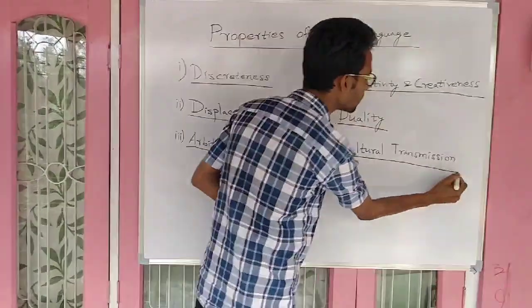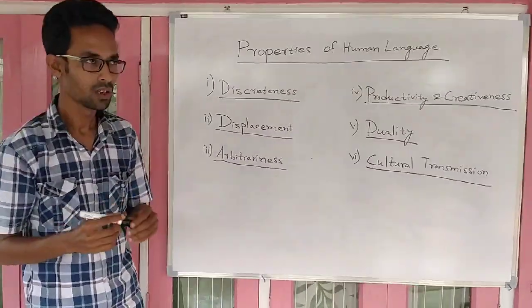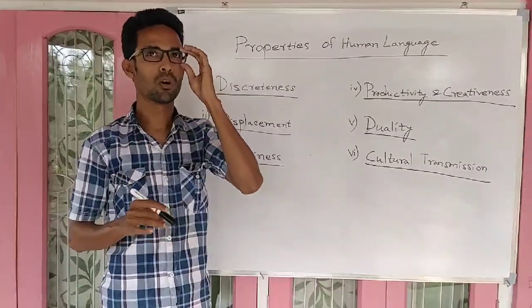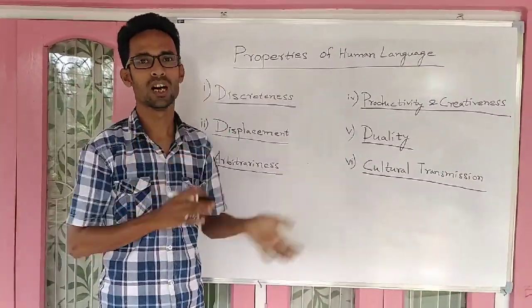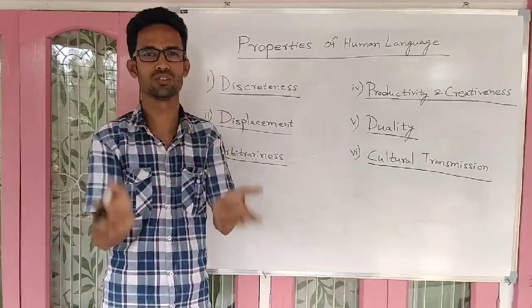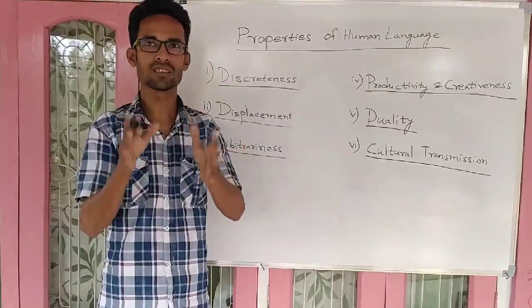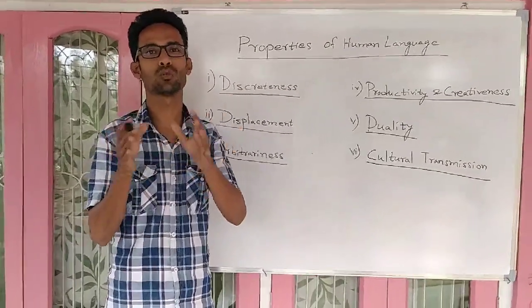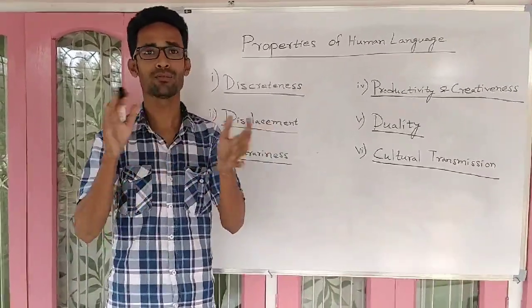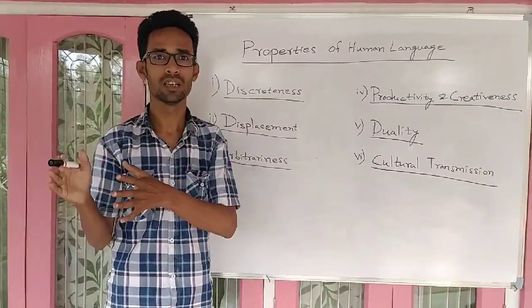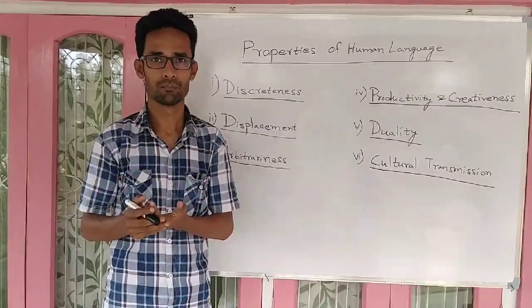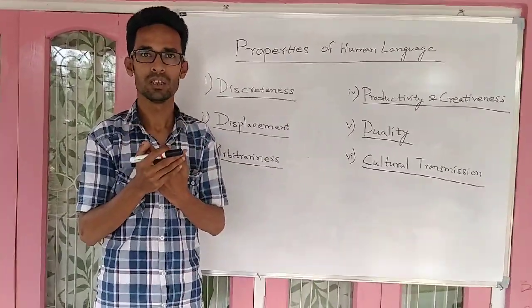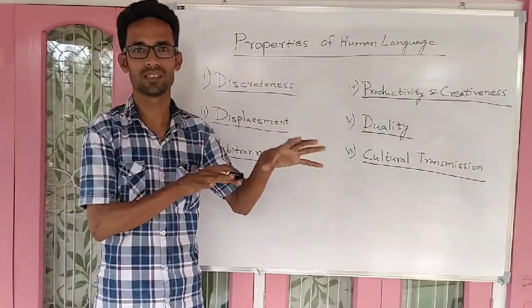Next, coming to cultural transmission. Okay, let's take an example of a baby born in Korea. You can take it as North or South, anything. Let's take the baby born in Korea, and a family from America adopted the baby in its infant stage.